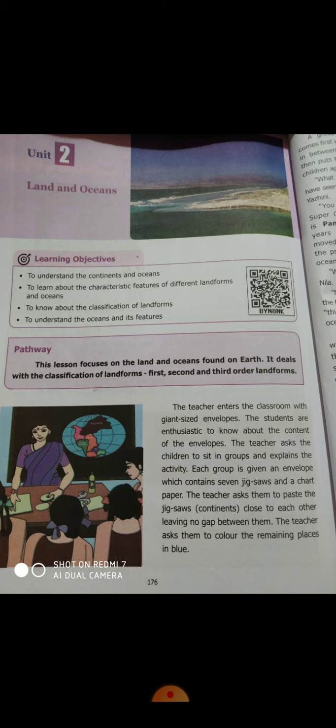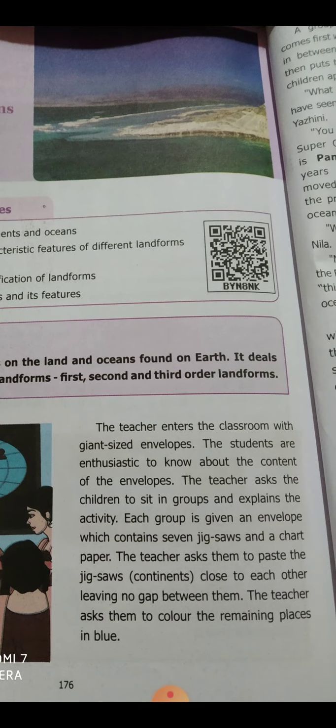The teacher enters the classroom with giant-sized envelopes. The students are enthusiastic to know about the content of the envelopes. The teacher asks the children to sit in groups and explains the activity. Each group is given an envelope which contains 7 zigzags and a chart paper.